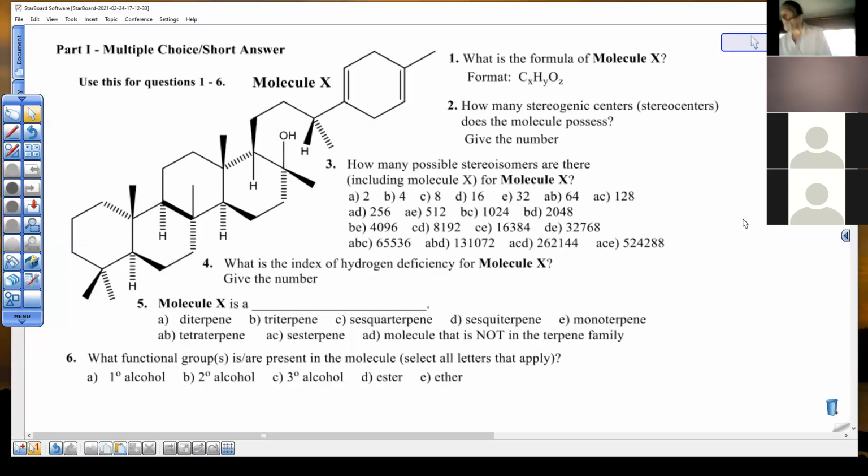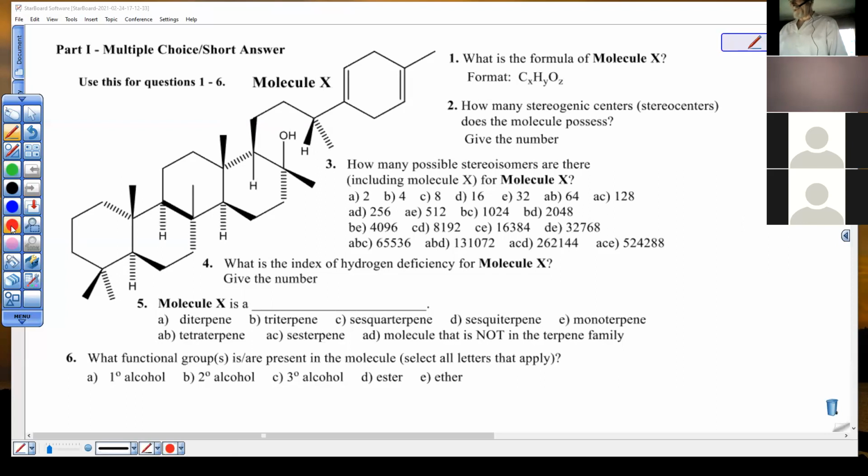All right, formula for molecule X. Oh boy, that's a lot of carbons, isn't it? Have you guys figured out that almost always this is a terpene? Which kind of helps. And I'm pretty sure it shows up again in the short answer, even on our more recent exams.